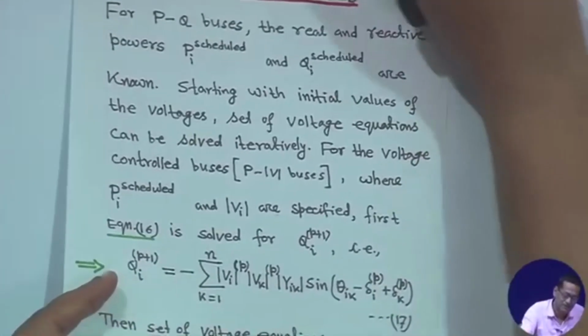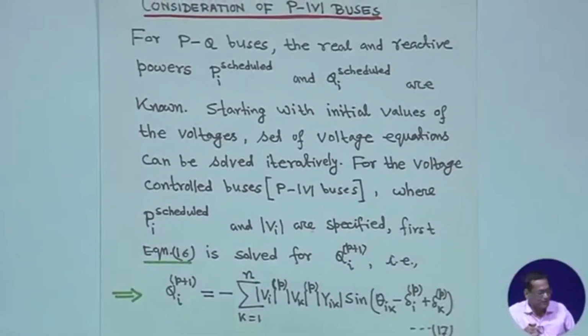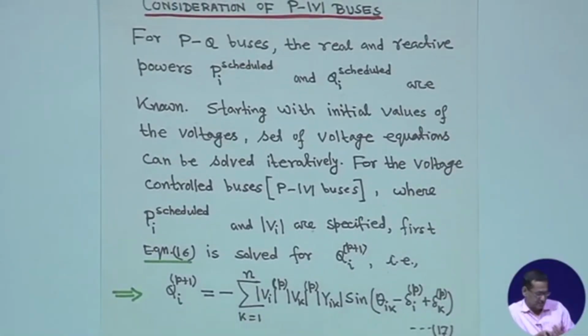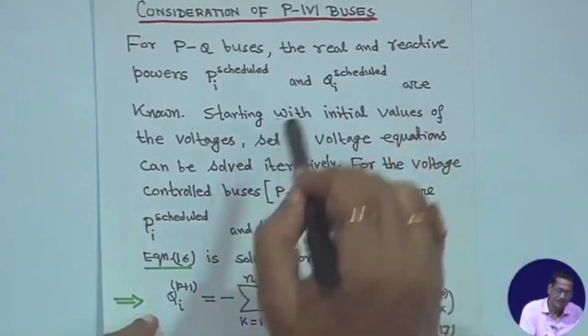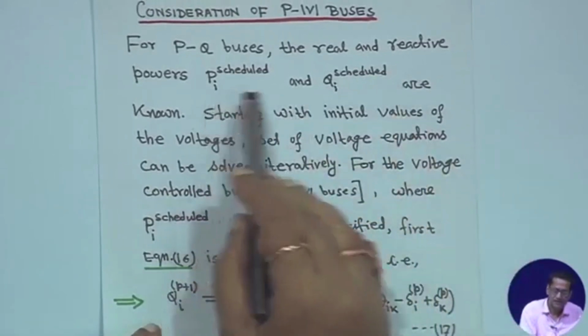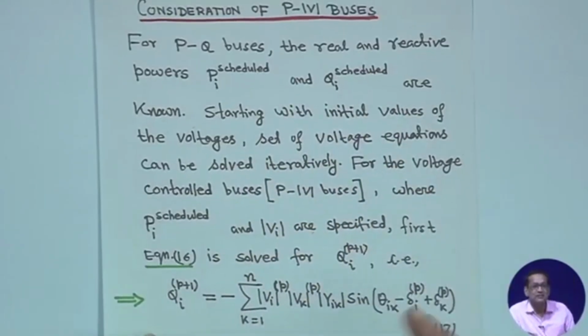Now, consideration of PV buses. In the Gauss-Seidel method or Newton-Raphson method, Newton-Raphson will come later. In Gauss-Seidel, for PQ buses, the real and reactive powers P_i schedule and Q_i schedule are both known. Later we will see how to compute.